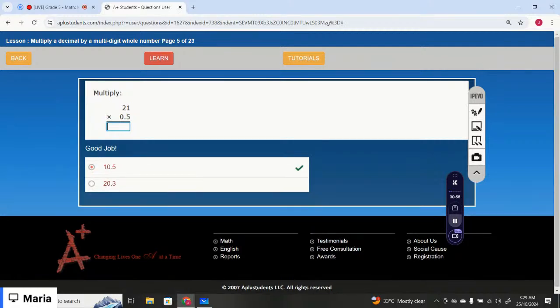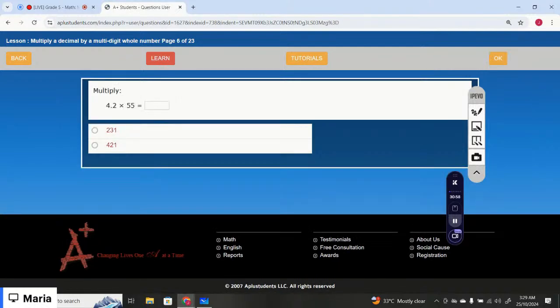Okay, the next one is 4.2 times 55, which is the correct option.